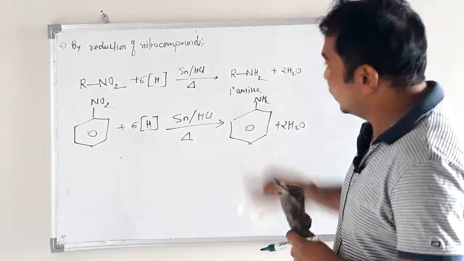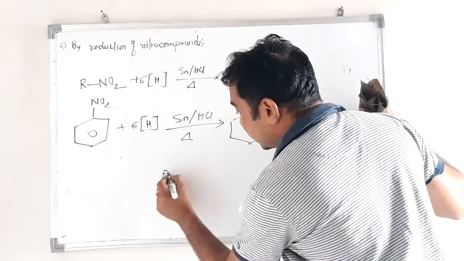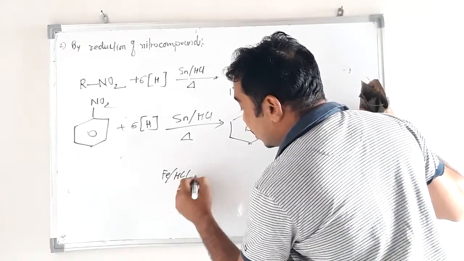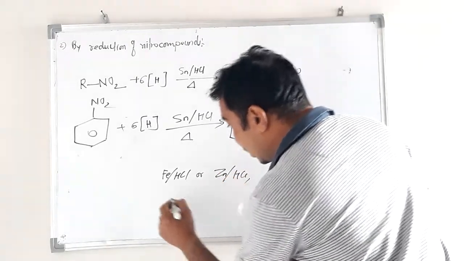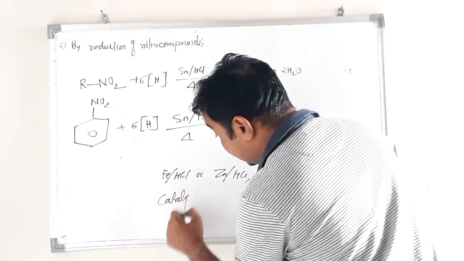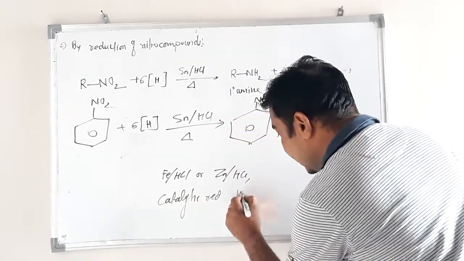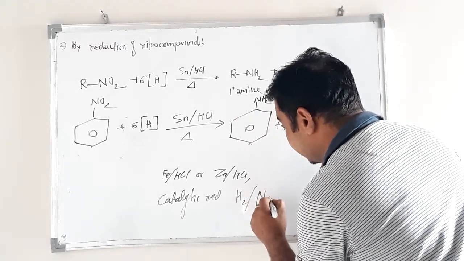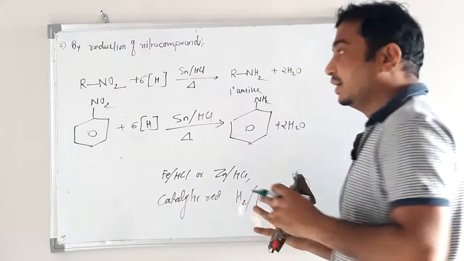Now instead of this reducing agent, we can use Fe/HCl or zinc/HCl, or sometimes even catalytic reduction, hydrogenation, hydrogen gas and nickel. Okay. So this reducing agent we can use here in this reaction.